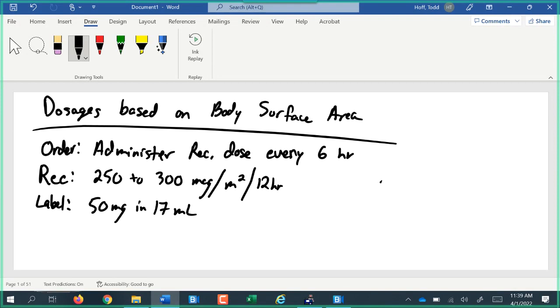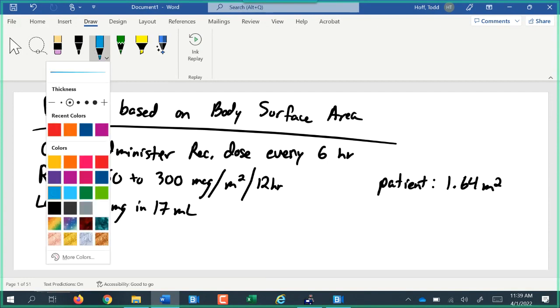And we have a patient, let's say that they are 1.64 square meters of body surface area. Let's figure out where this dosage is going to put us. So we start off with the patient.